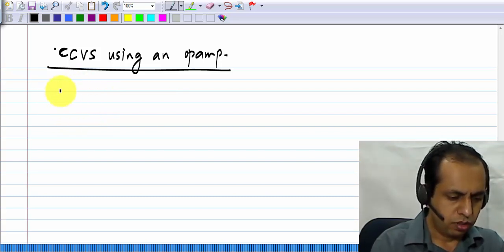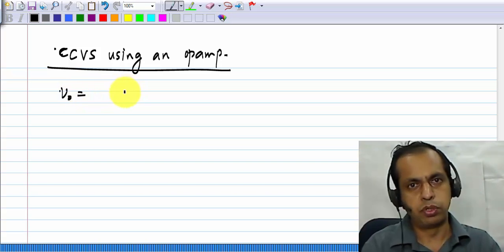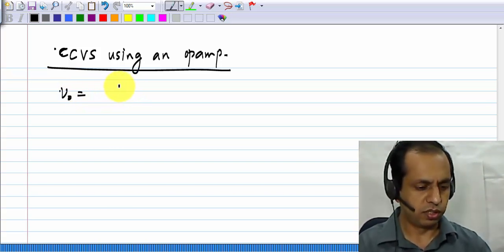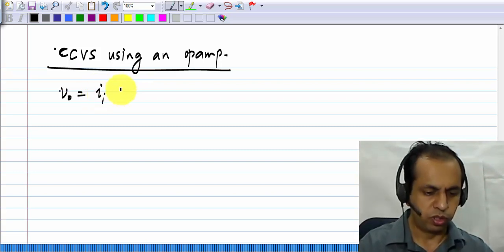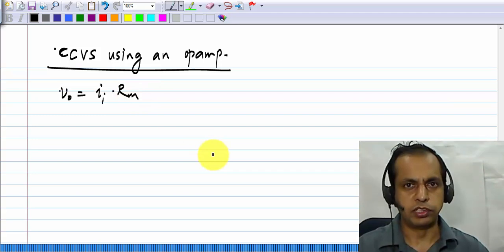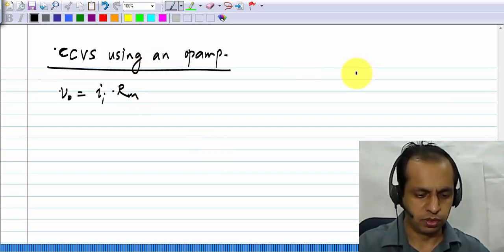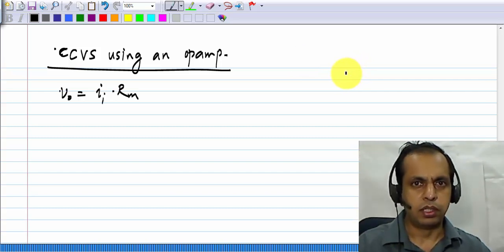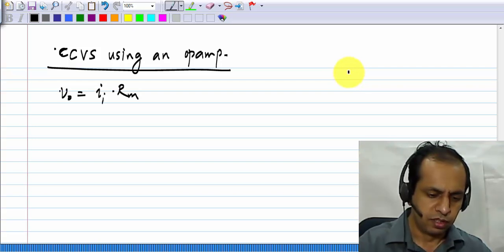A current controlled voltage source obeys the relationship output voltage V0 equals the input current Ii times some resistance Rm, which is the transresistance or transimpedance of the current controlled voltage source.